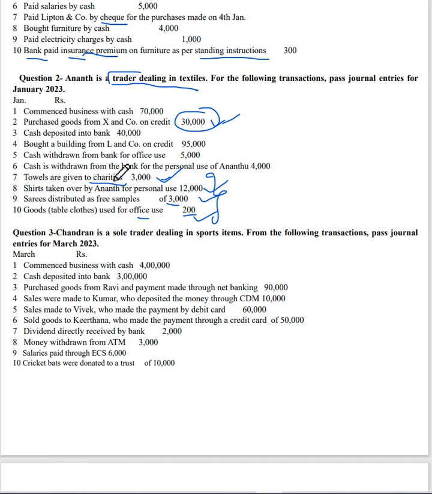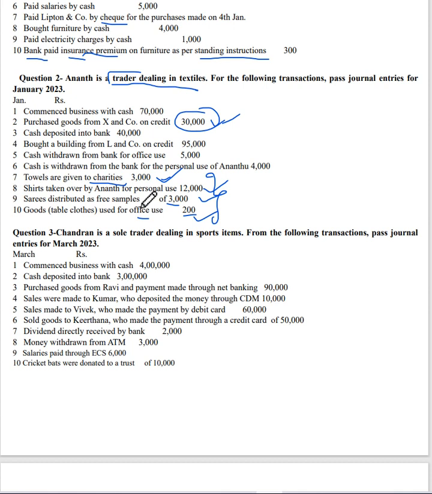So here you can see towels given to charities, 3,000 rupees. The entry should be charities account debit to purchase account. Shirts taken over by Anand for personal use, that should be drawings account debit to purchase account. Next, sarees distributed as free samples of rupees 3,000.